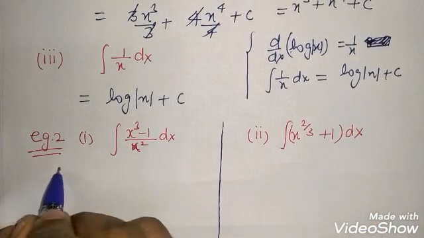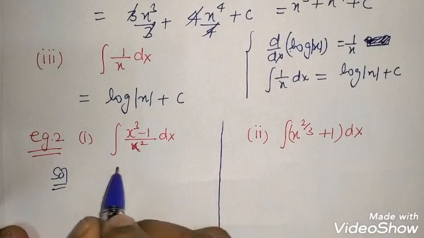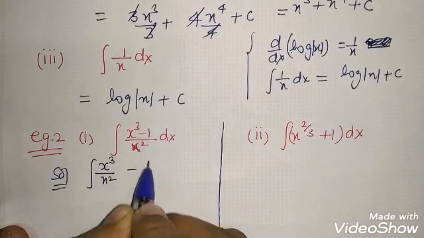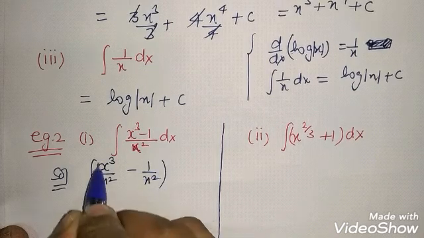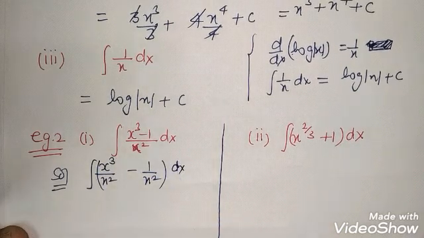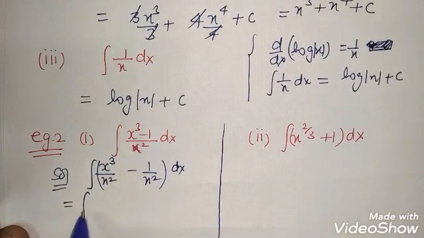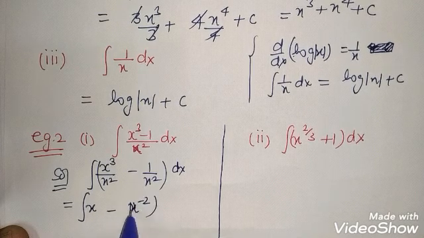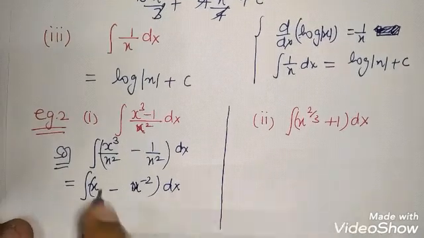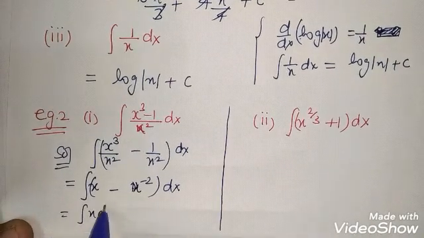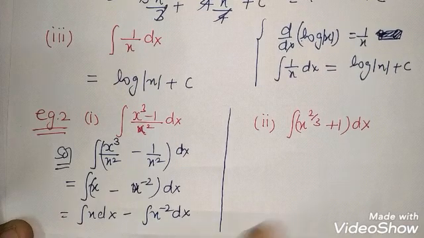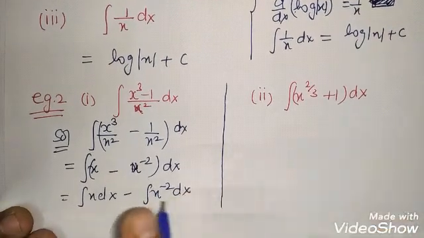In this particular case, solution of the first part is to separate the integrals: x cube upon x square minus 1 upon x square dx. This is like integration of x minus x to the power minus 2 dx. Simple. So you can separate the integrals. It's quite easy to solve.